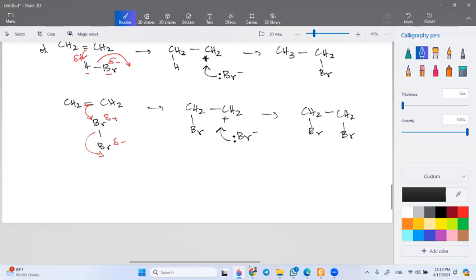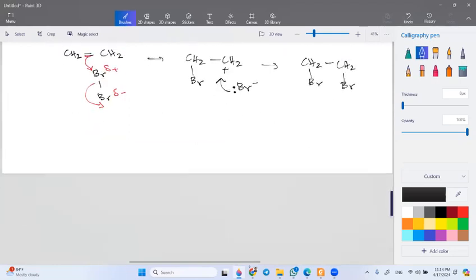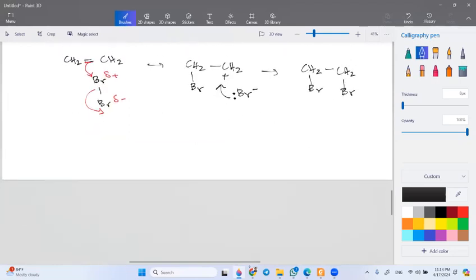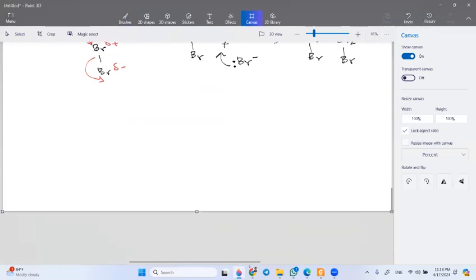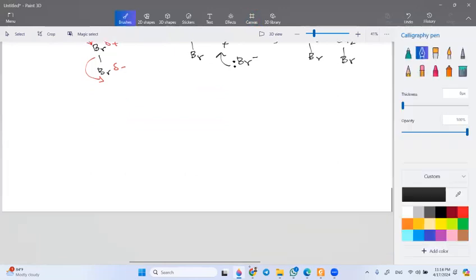Next one, when it comes to the asymmetrical one, like propene. Now I am going to explain the major product and minor product, right? So as I said before, if I take propene, it's something like this.